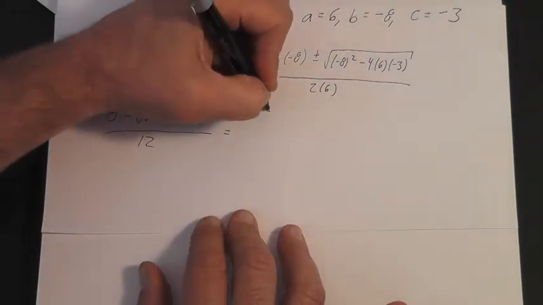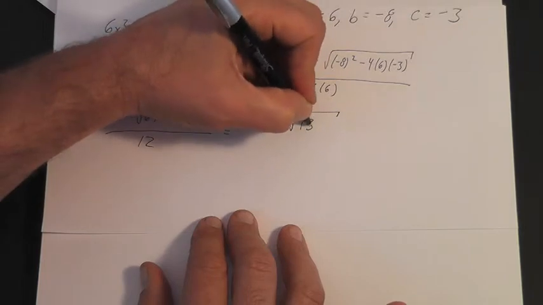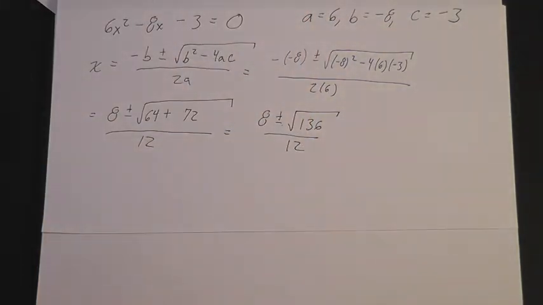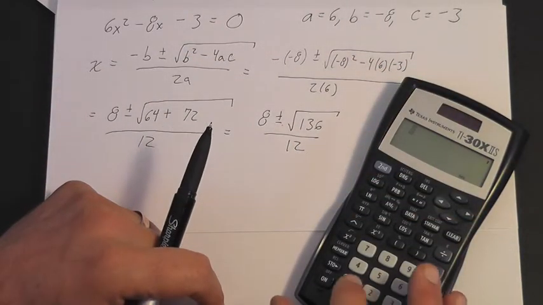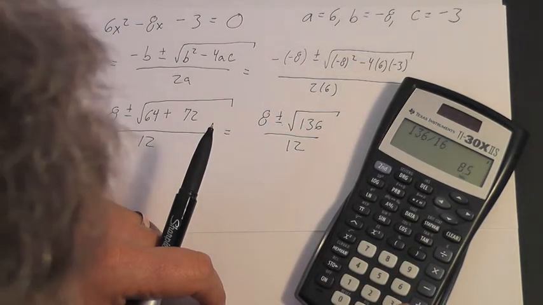So my unsimplified answer is 8 plus or minus the square root of 136 over 12. And I say unsimplified because I believe that I can simplify 136. So let's look at the calculator here. 136, let's see if 16 goes evenly into 136.